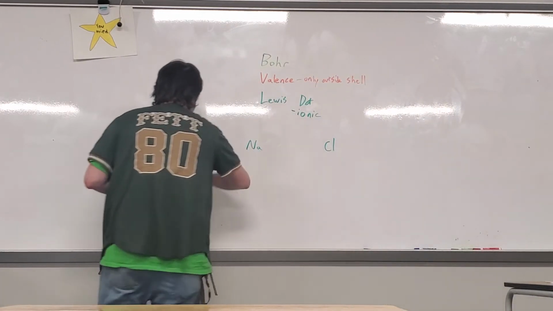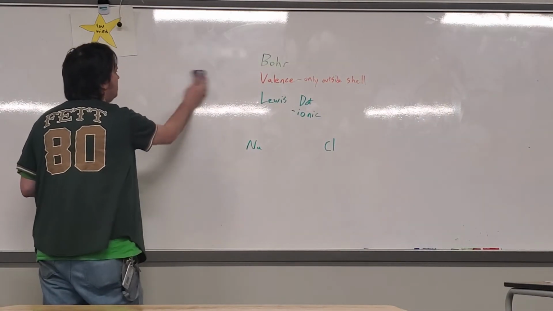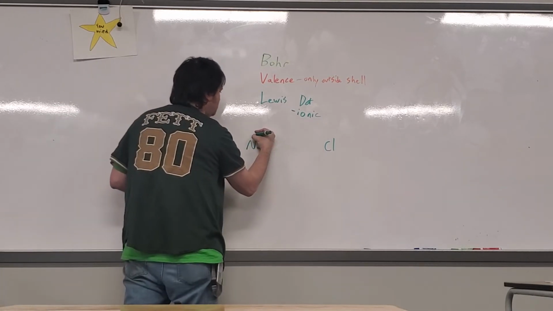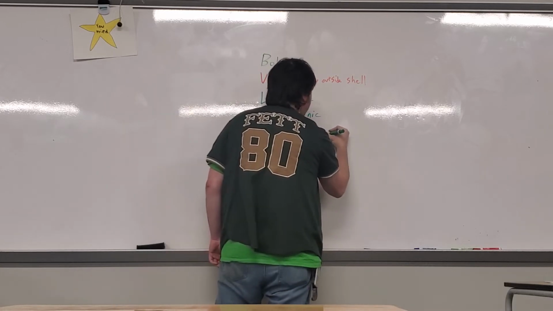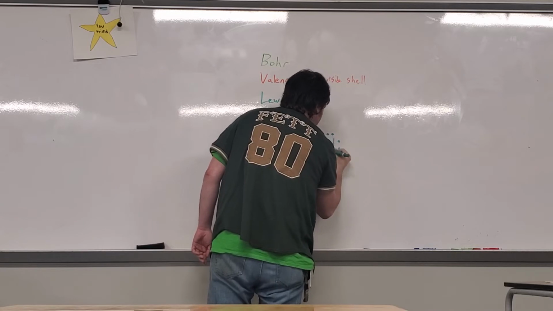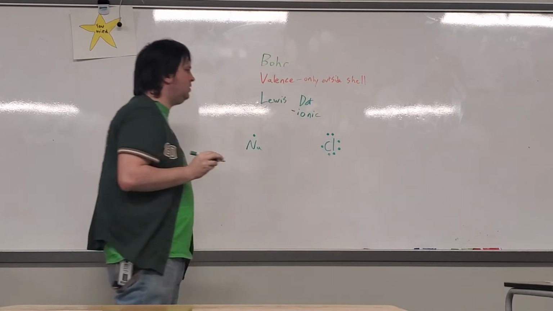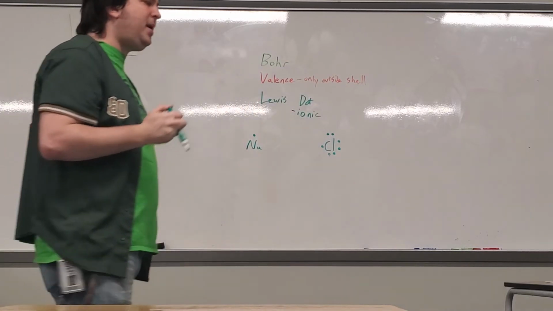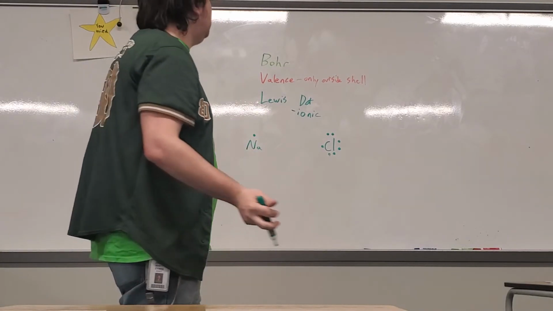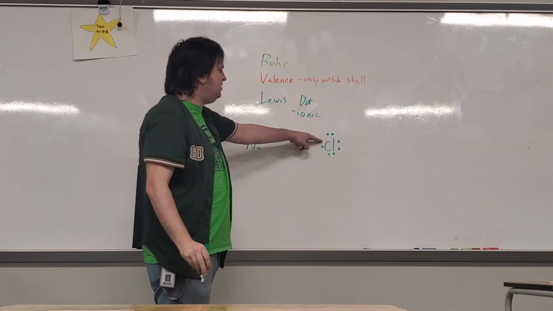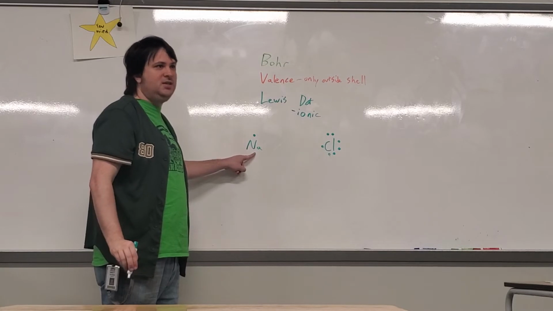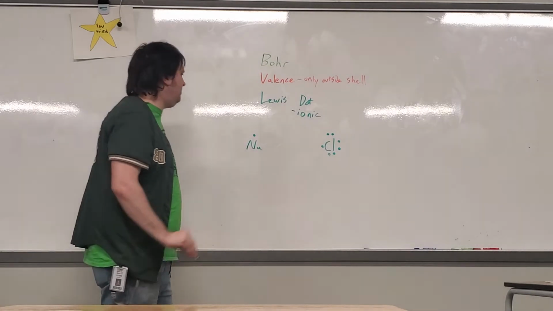So let's move this back to sodium and chlorine. Sodium starts with 1 outer electron. Chlorine starts with 7. Both sodium and chlorine want to get to 0 or 8. Chlorine needs 1 to get to 8, and sodium needs to get rid of 1 to get to 0, to make them both happy.